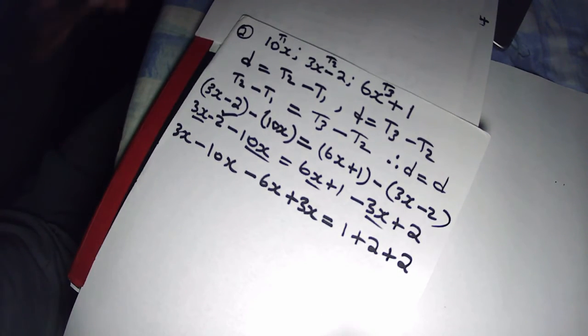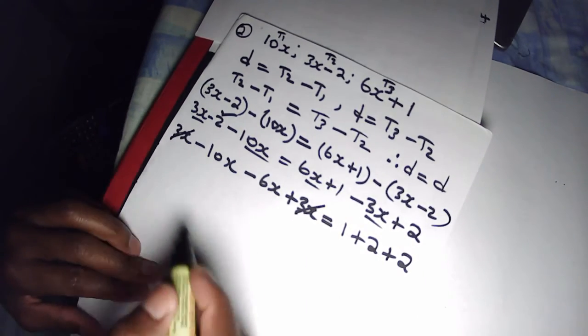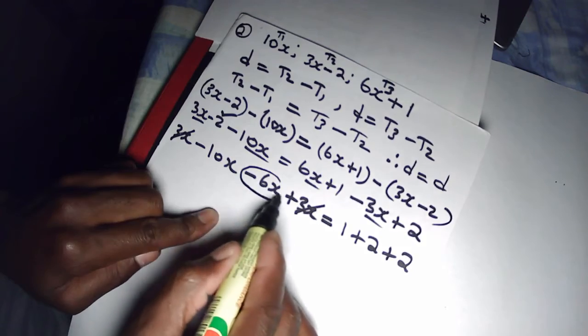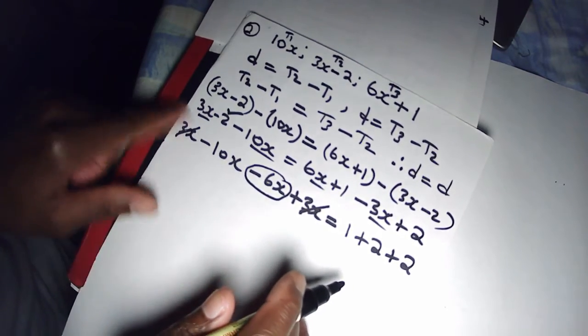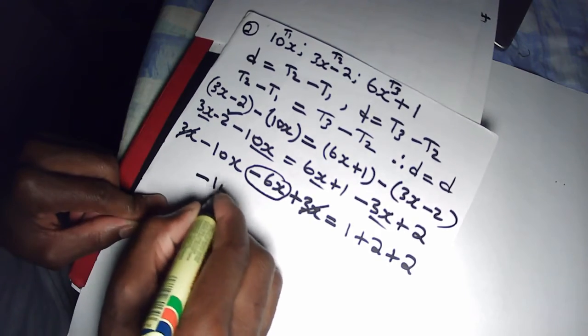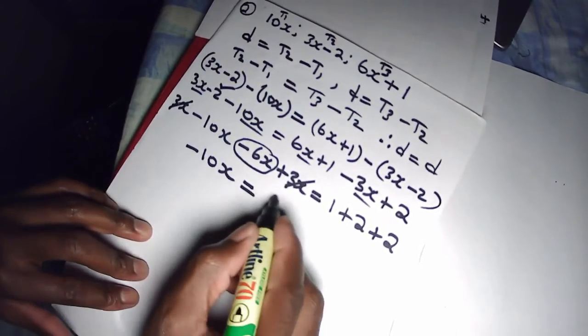So we can put everything into the calculator. We have 3x, okay? So look at this. This is 3x, that is 6x, but we have 6x that is negative, so we can add these two, we get a 0. So the remainder is negative 10x on the left hand side. We go to the right hand side, we get a 5.